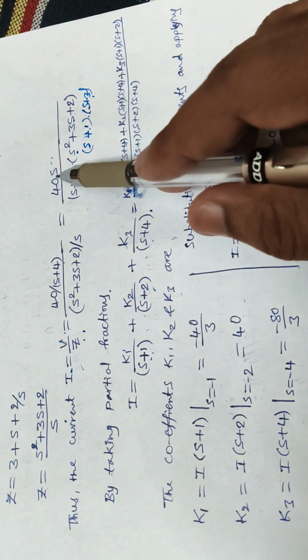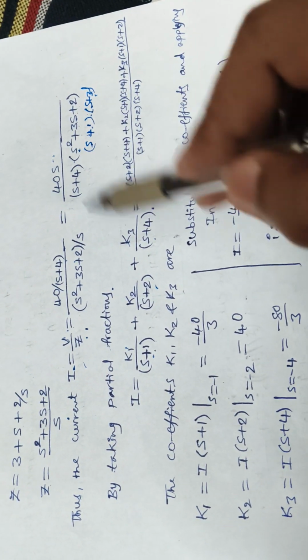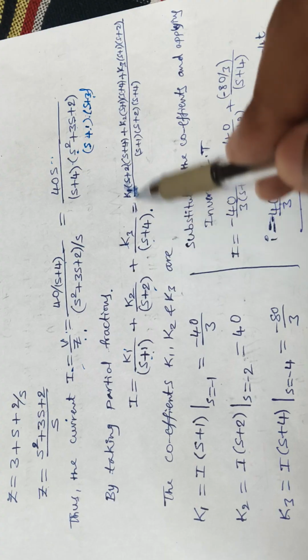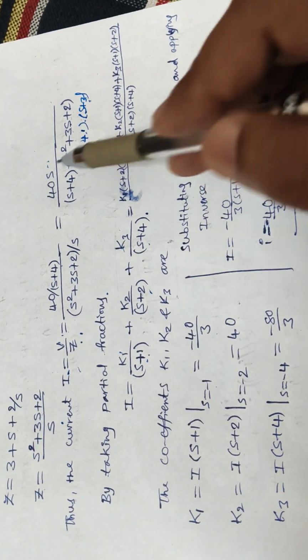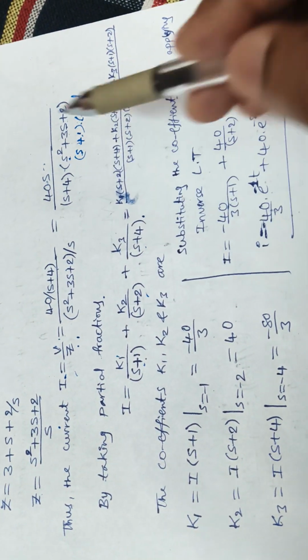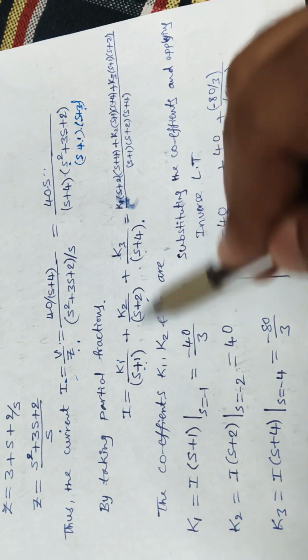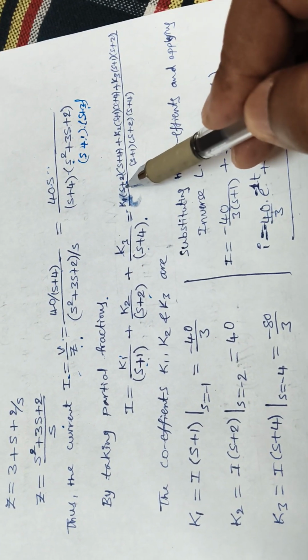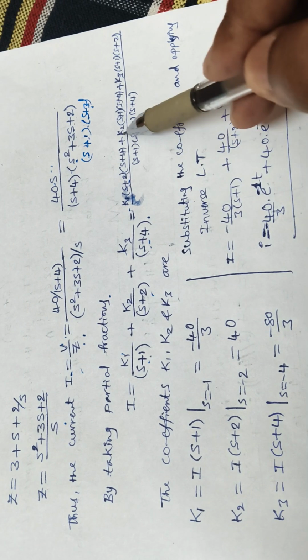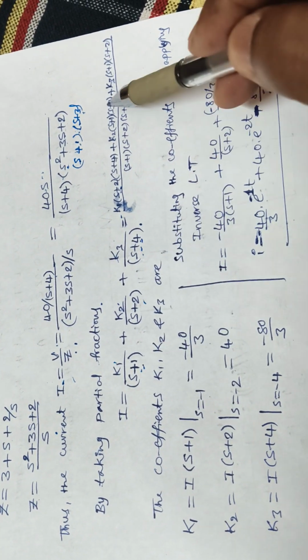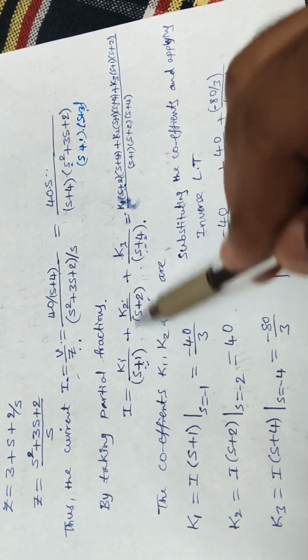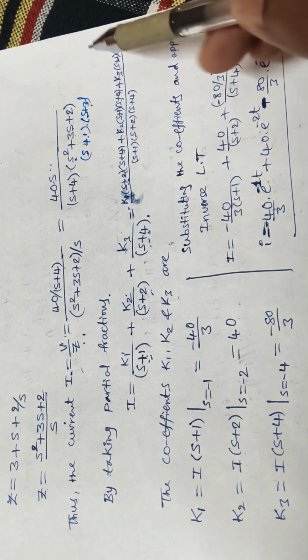On the left side, you have 40S by this entire term. If you cross multiply, both denominators will get cancelled. On the left side, you have 40S. On the right side, after cross multiplying, you have K1 of (S plus 2)(S plus 4), K2 of (S plus 1)(S plus 4), K3 of (S plus 1)(S plus 2).